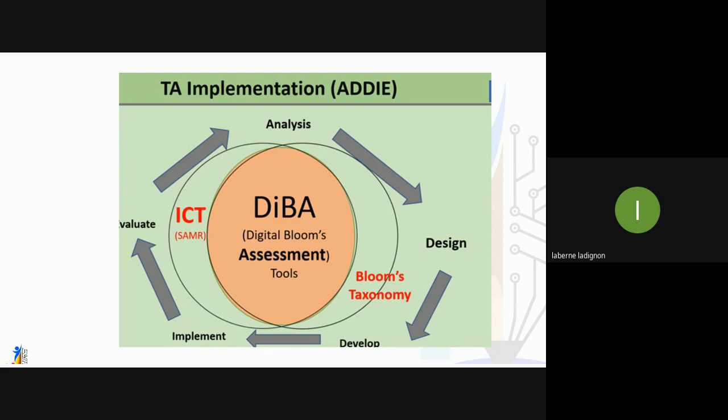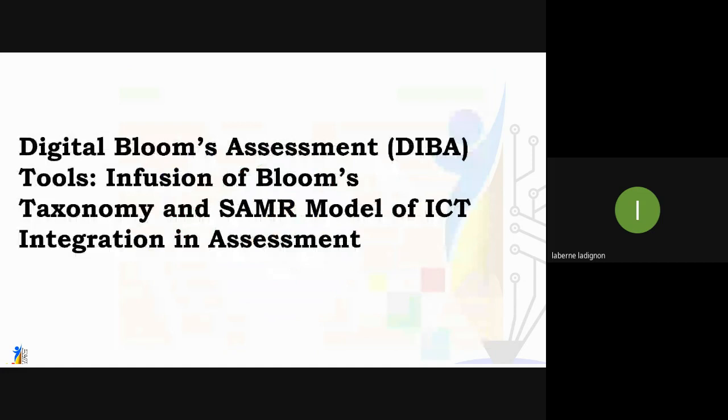Okay. Now, so this time, we will develop our digital Bloom's assessment tools. We will infuse the Bloom's taxonomy and the SAMR model of ICT integration in assessment. So remember po how we are referring to assessment, but in this formative assessment po, so we will try to infuse the SAMR and the Bloom's taxonomy.